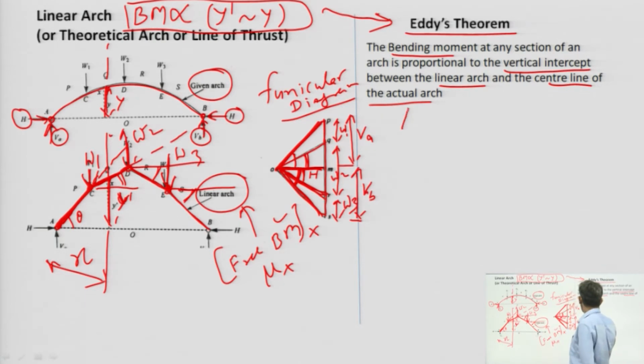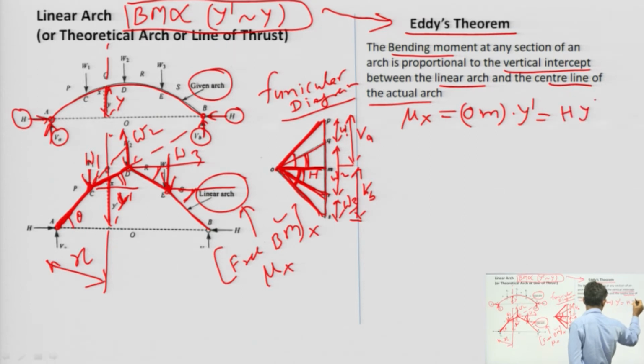So, mu x is this ray OM into y dash, and OM is nothing but y dash.